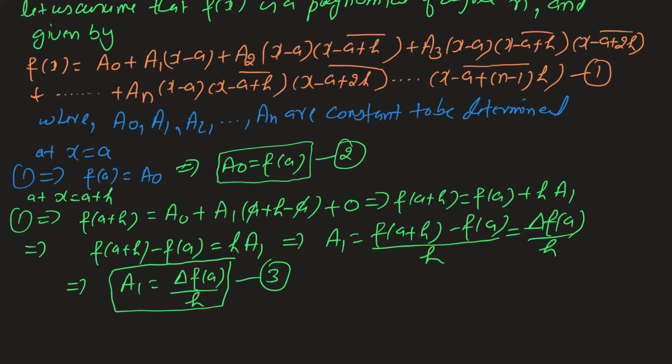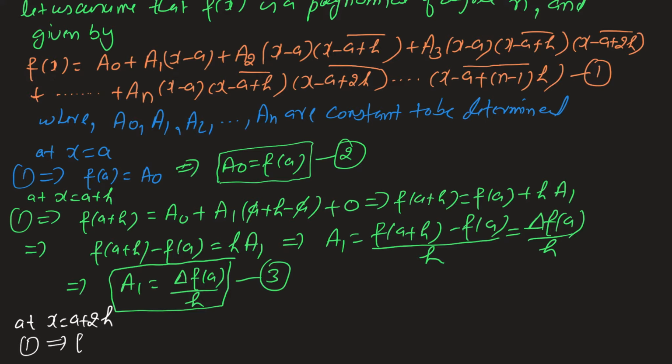Now next, at x is equal to a plus 2h, not a plus h, a plus 2h, equation 1 will imply, look over here, it assumes the value f(a+2h).